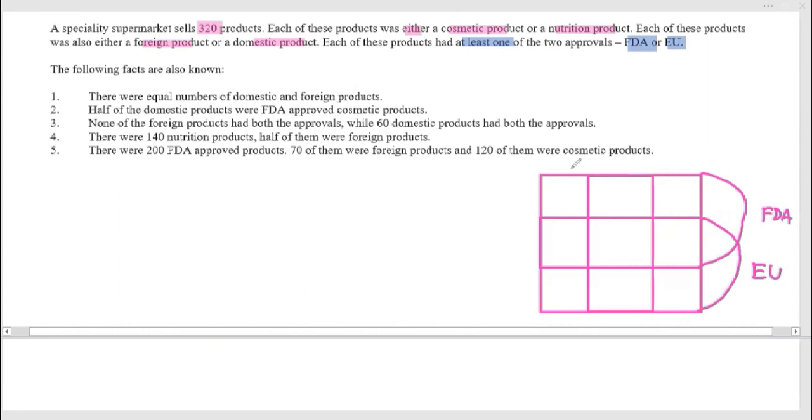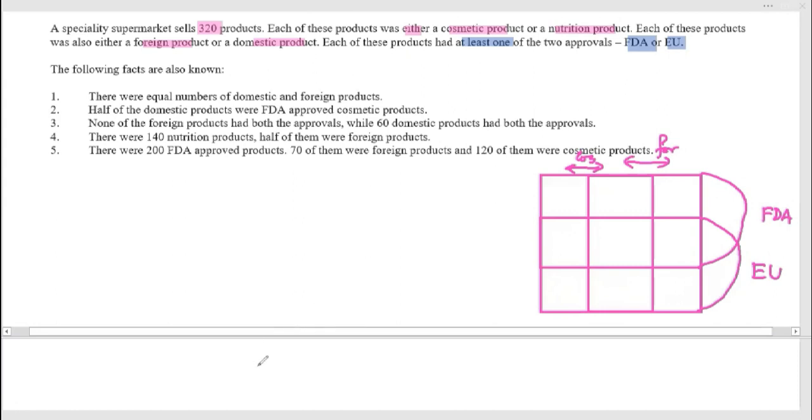And these two columns taken together, I am considering as cosmetic product. This is cosmetic. These two columns taken together, I will consider as foreign product. So the cosmetic product is this entire part, and the foreign product is this entire part. This way we will imagine.